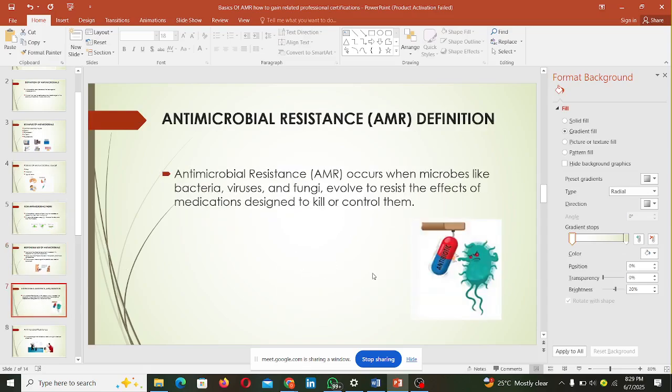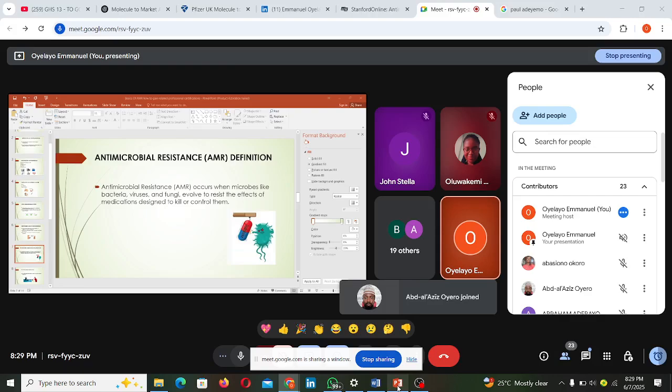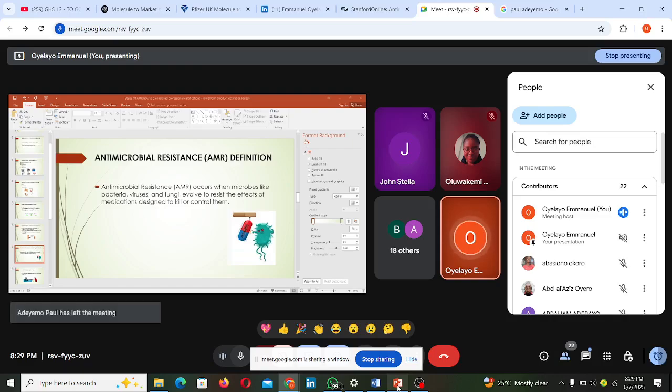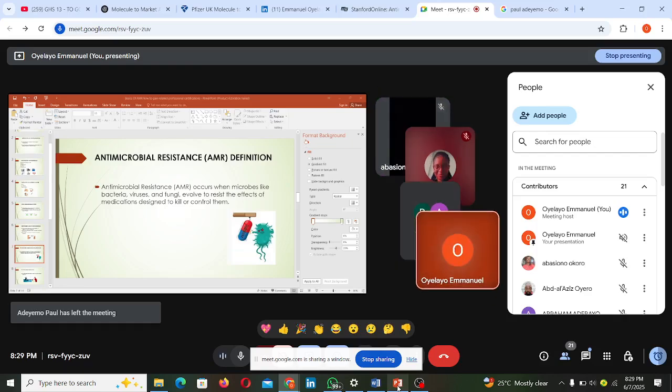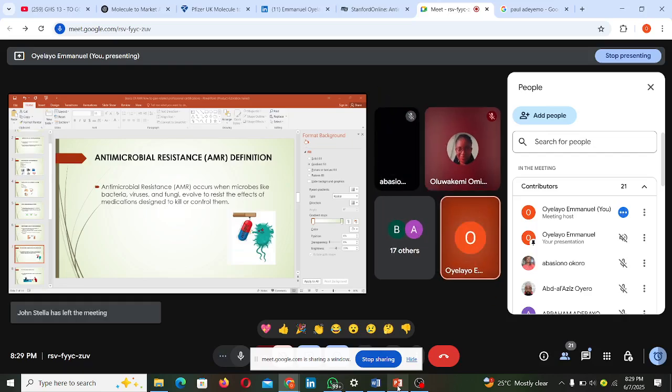Okay, so now let us go to the definition of antimicrobial resistance. What exactly is antimicrobial resistance? One of our main reasons for organizing this training is that the Antimicrobial Resistance Club Lautech will soon be holding an outreach on antimicrobial resistance. We'll be visiting the Lautech Teaching Hospital and also probably doing a radio broadcast on antimicrobial resistance.